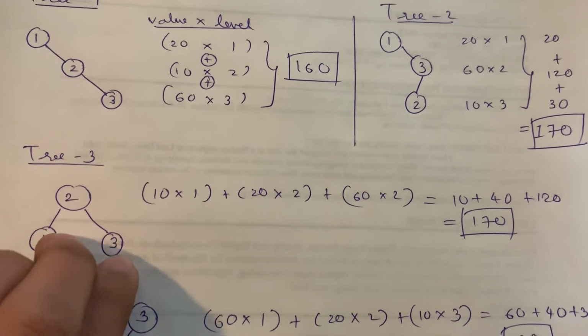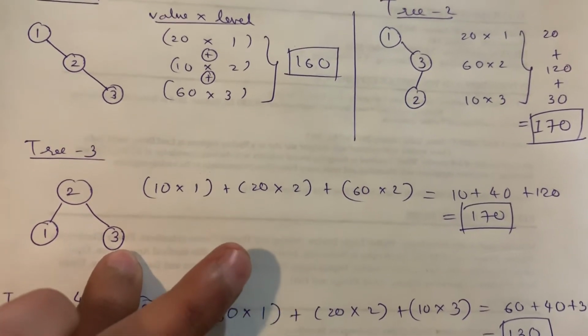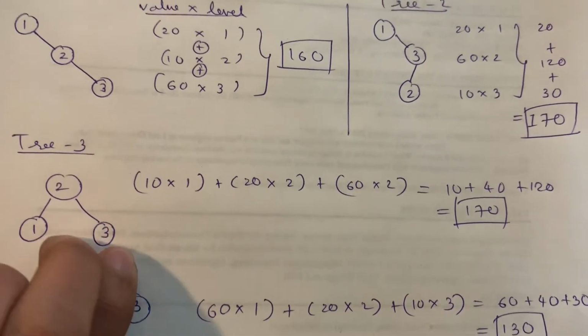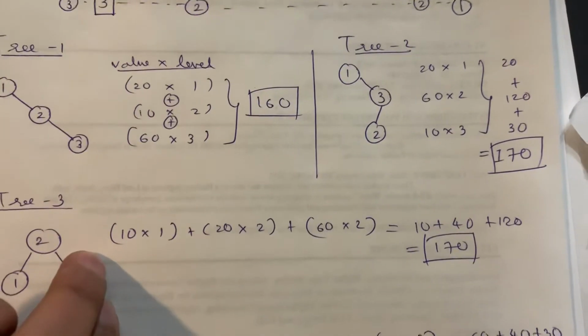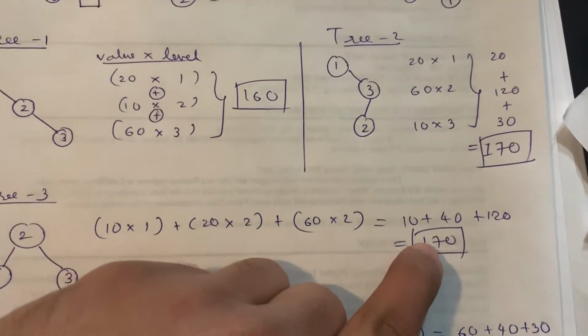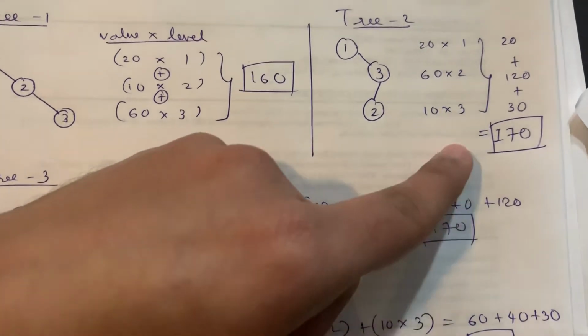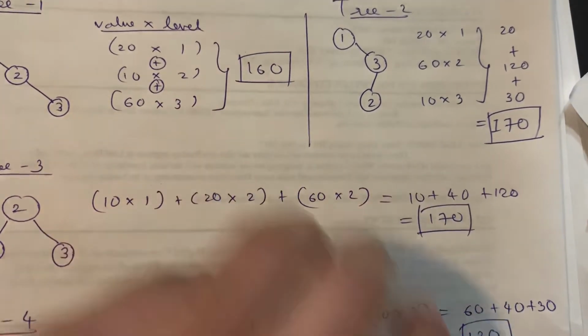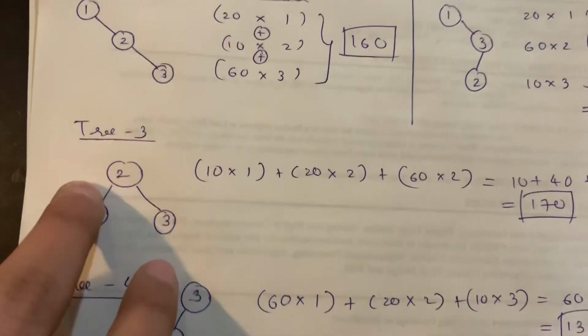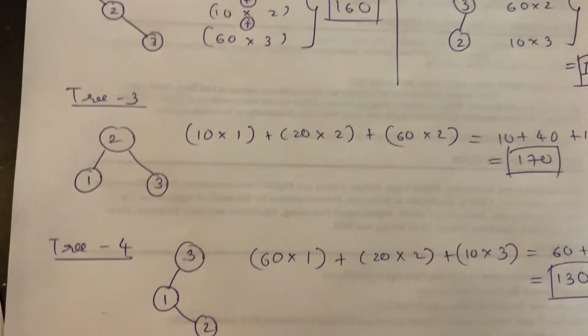And key number 3, value is 60, but the level is 2 again. There's no third level here, so that's good. But the total is, well, it's still 170, though. That's not better than what we had before, so you can ignore this one as well. So this is definitely not the optimal binary search tree either.